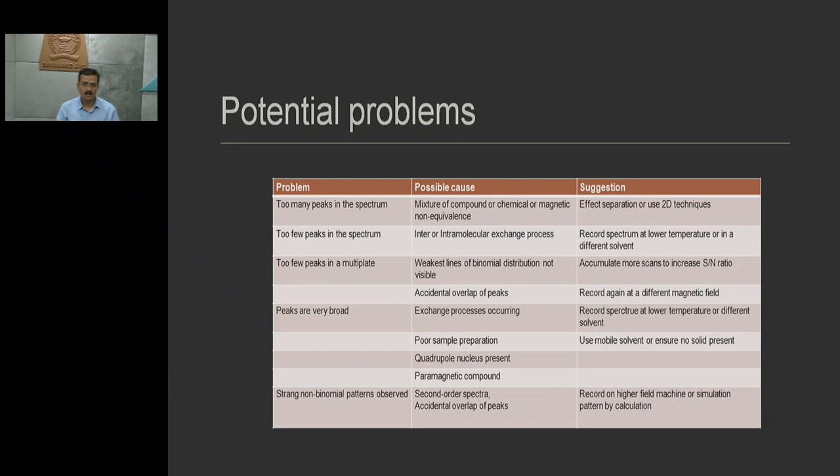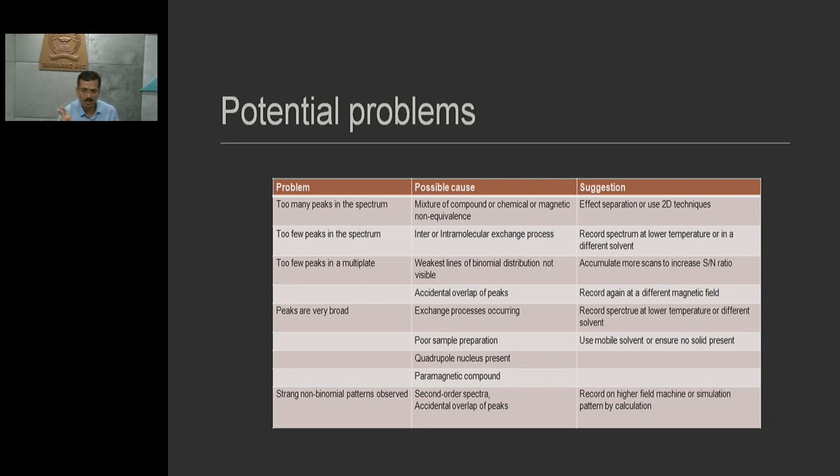The possible cause is an inter or intramolecular exchange process, so we record the spectrum at lower temperature and using a different solvent. There is also the possibility of accidental overlap of peaks, therefore we get very few peaks, so again record at a different magnetic field.